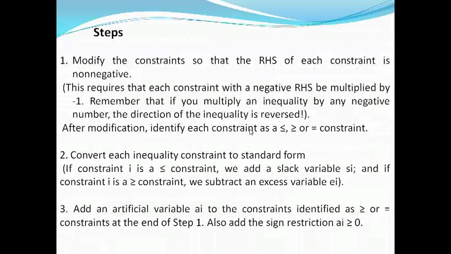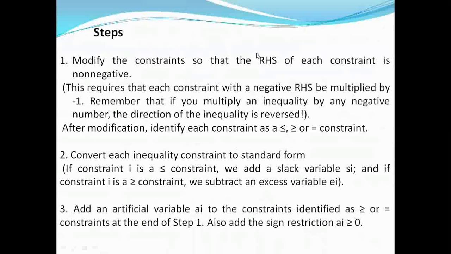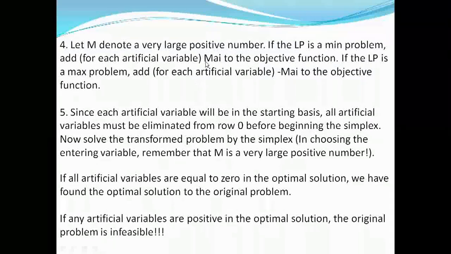So in step 3, it is very clear that we add an artificial variable to the constraints identified as greater than 0, right? So to this artificial variable, in step 4, let M be denoted as a very large positive number, and that number will be multiplied with the artificial variable that has been added at step 3, right?